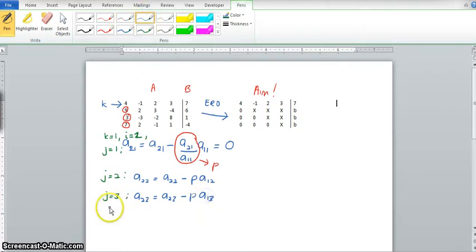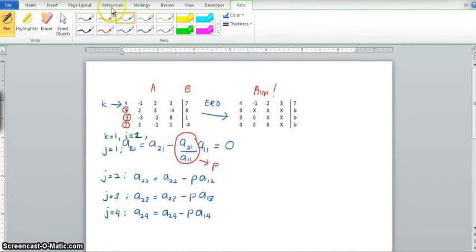And for J equals to 4, A24 is A24 minus P times A14. So this one is if we want to change the element in row 2.